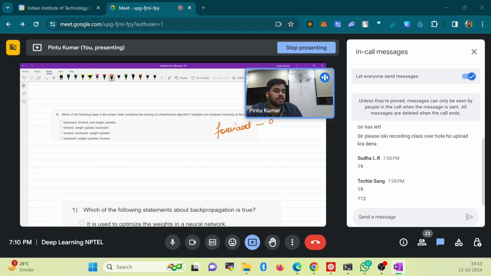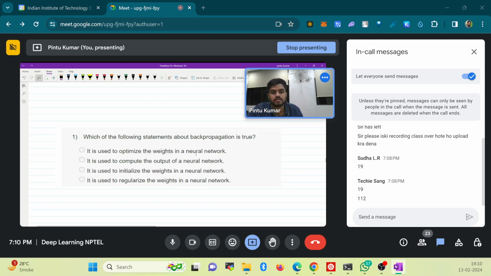Because you need values of your AIs and HIs. Then he should do backward pass. Why should he do backward pass? To obtain gradients. And then he can do weight update. So forward, then backward, and then weight updates. This is the correct answer. And this is how one learns using a neural network.